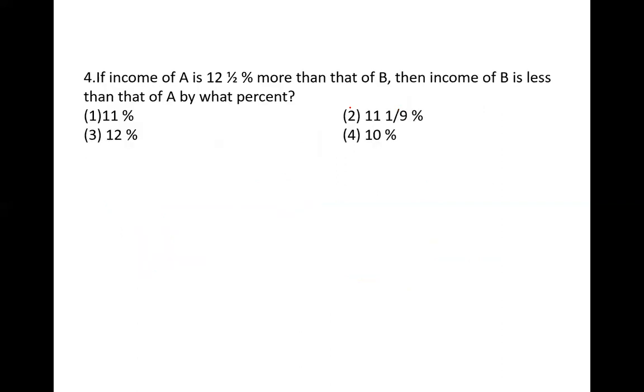See students, question number 4. If income of A is 12 1/2% more than that of B, then income of B is less than that of A by what percent?